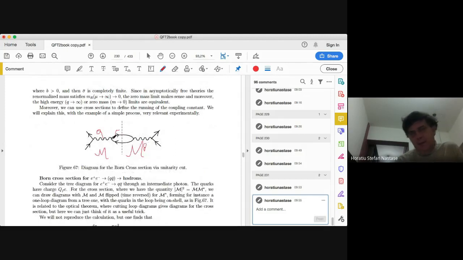Then, in order to have a finite total cross section, we remember that we can also emit soft gluons or photons from these fermion lines, either from the initial ones or from the final ones.